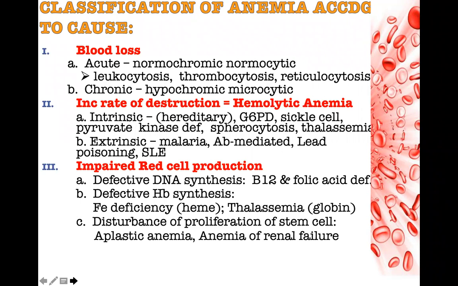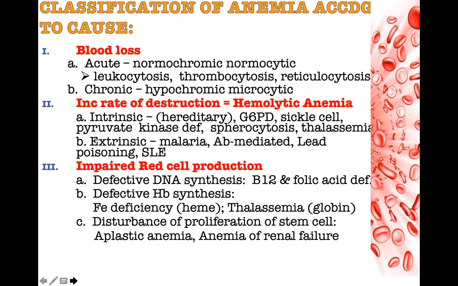How about anemia that is resulting from increased rate of destruction, like what we see in hemolytic anemia? It may be intrinsic, or an inherent defect of the red cell, like what we see in glucose-6-phosphate deficiency, sickle cell anemia, pyruvate kinase deficiency, spherocytosis, and thalassemia.